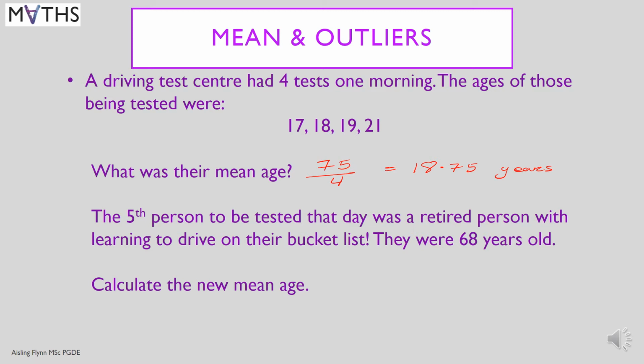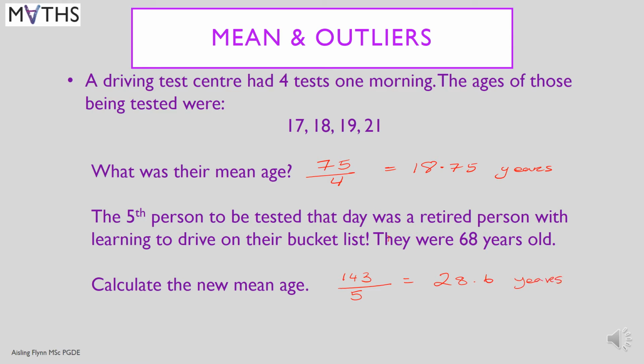So if you get out your calculator there, when you add in 17 plus 18 plus 19 plus 21 plus 68, you get 143, and now we have 5 people to divide by, and we get an average age of 28.6 years.